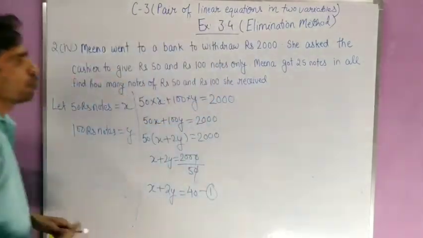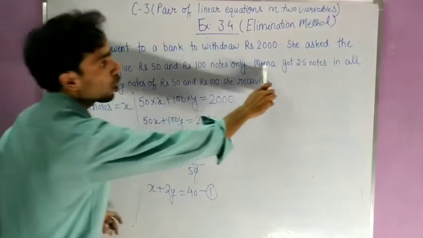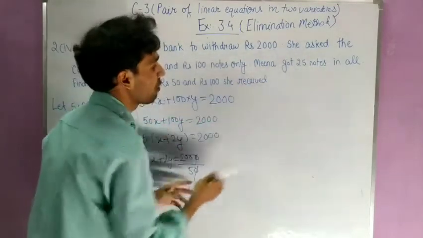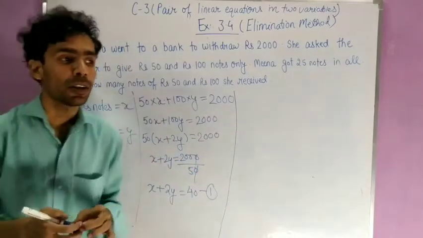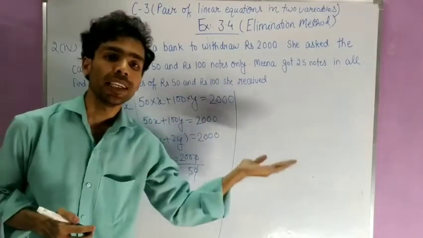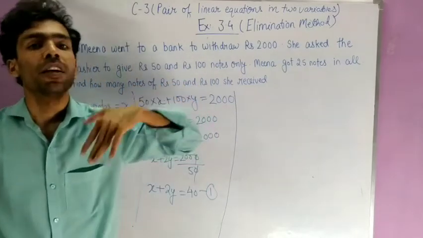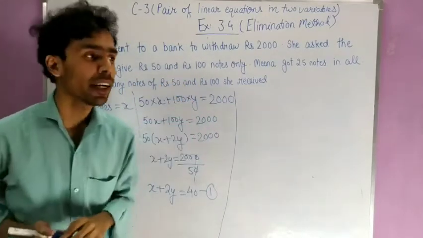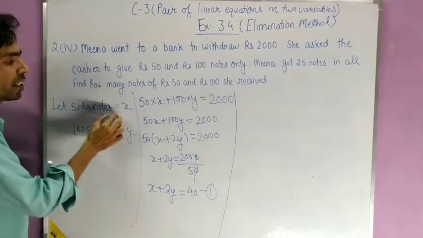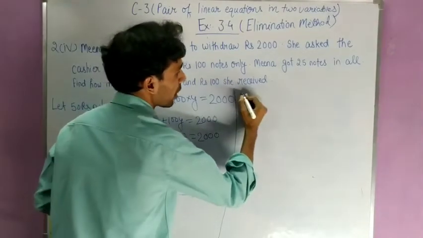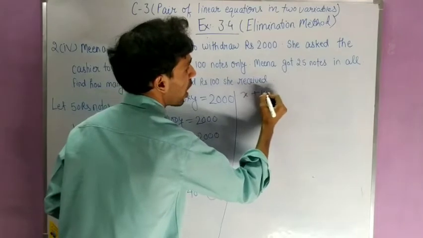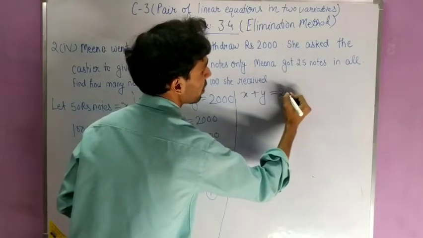Now one more hint is given. Meena got overall how many notes? 25 notes. It means the sum of the number of notes of 50 and the number of notes of 100 will be 25. So the number of notes of 50 is x and the number of notes of 100 is y. So if we add both of them, how many notes will we get? 25.